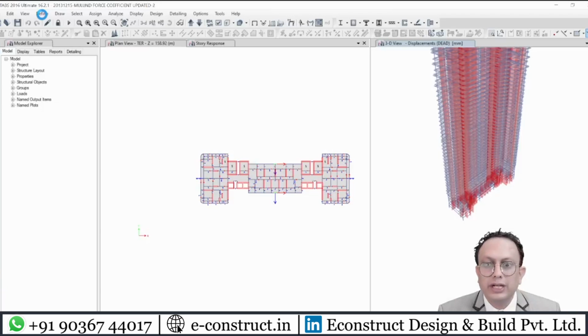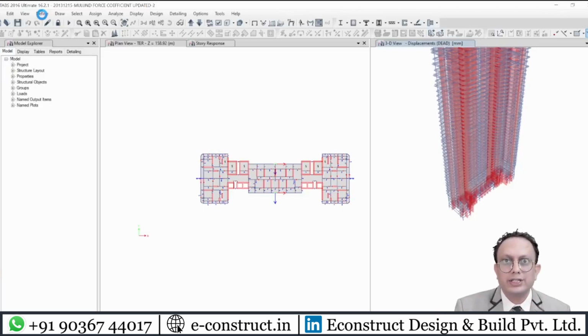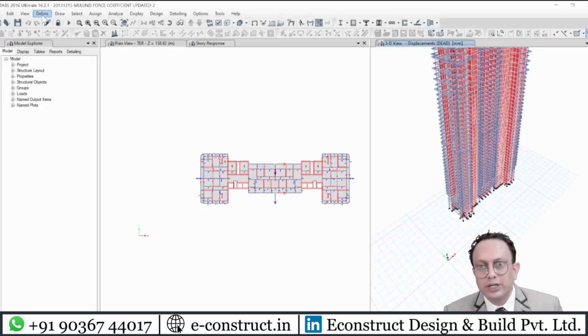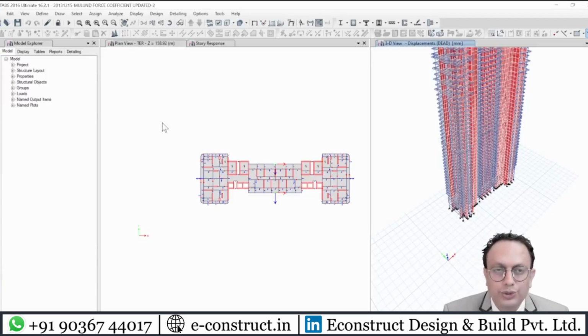The forces you are giving are the U1, U2, U3 forces. U1 is the X direction, U2 is the Y direction, and U3 is the gravitational vertical direction. Depending upon the color, you can determine whether it is axis 1, 2, or 3.